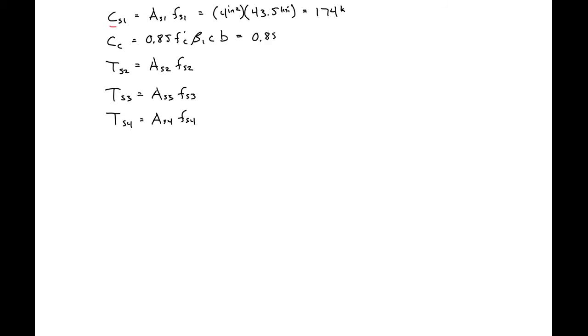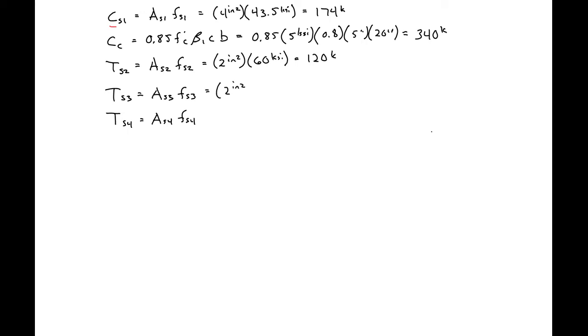Our concrete is going to contribute as well, so 0.85 times 5 KSI times 0.8 times 5 inches times 20 inches, which is our B, is going to equal 340 kips. Our TS2 is just 2 square inches times 60 KSI, were yielded, so 120 kips.